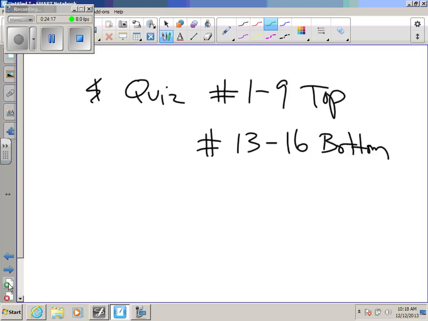So 1 through 9 on the top. 1 through 4 estimate, just like, was it 1 through 6 on the practice test? Number 5, his beard is 2 5/8 inches long, trimmed 3/4 of it. So you're doing what?